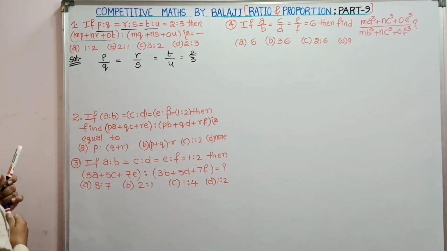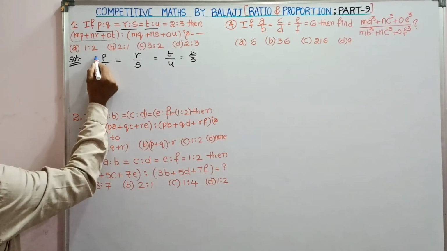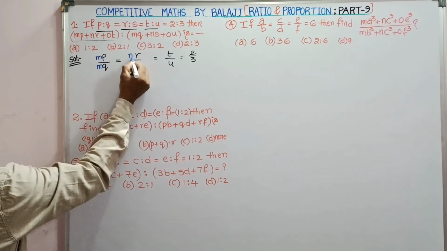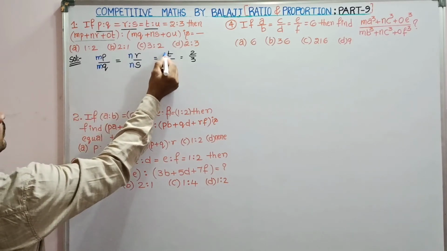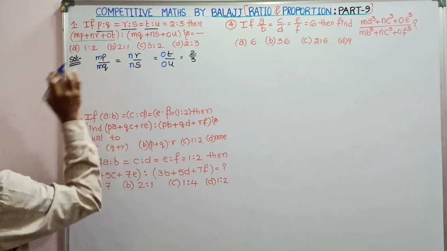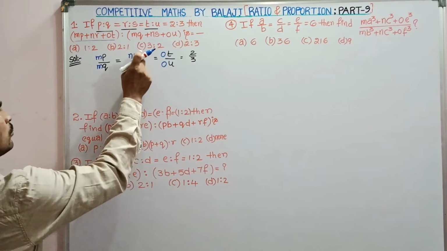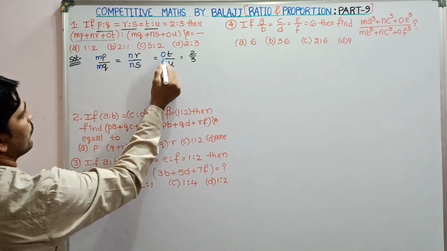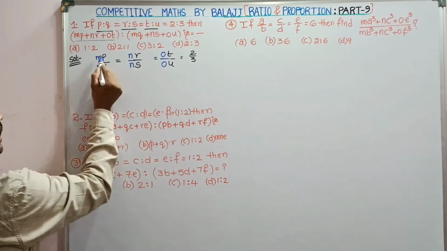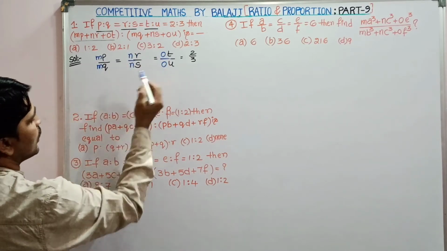So now multiply numerator and denominator by M, and here by N, and here by O. So that M gets cancelled, again we get P by Q. N gets cancelled, again we get R by S. Okay. Similarly, now by addendo property, add the numerators and add the denominators.